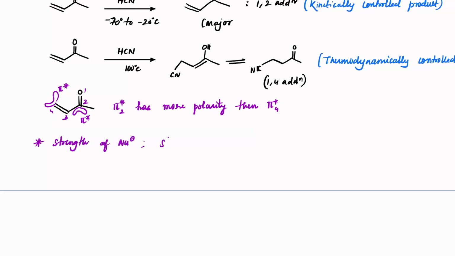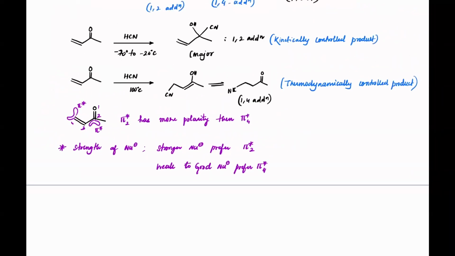If it is a stronger nucleophile, it prefers the pi star 2 position. If it is a weak to good nucleophile, it prefers pi star 4. Got it? So that's the way.